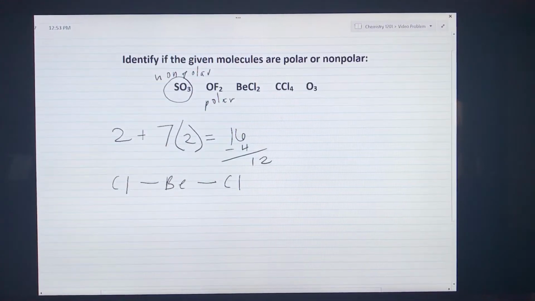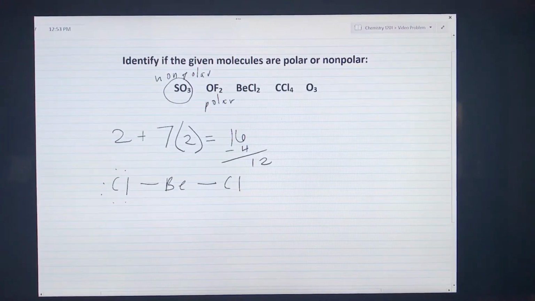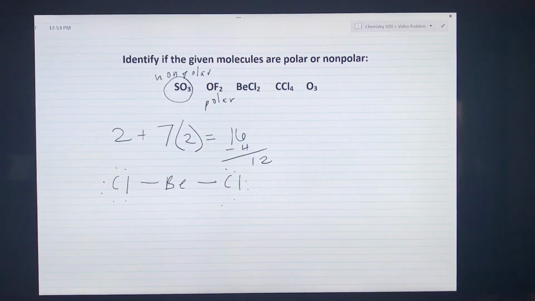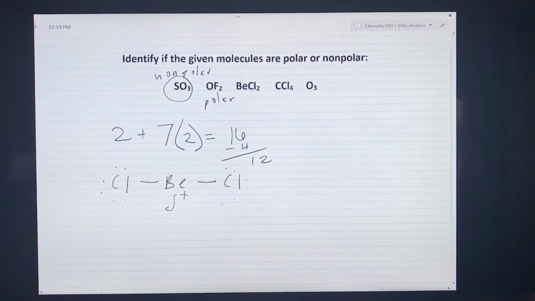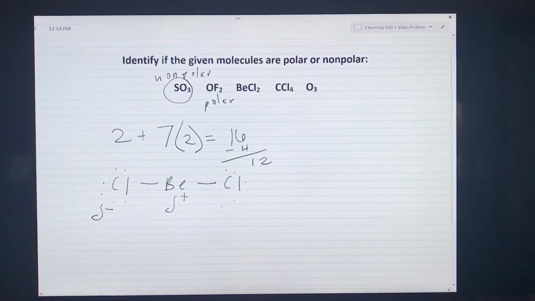So then we would start with the outside atoms. 1, 2, 3, 4, 5, 6, 7, 8, 9, 10, 11, 12. There will be 12. Be does not have to follow the octet rule because it is indeed an exception. So Be is the more partial positive charge, and chlorine is the more negative atom.